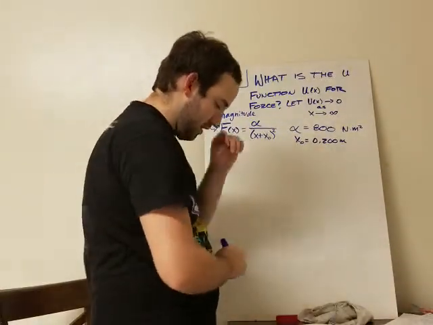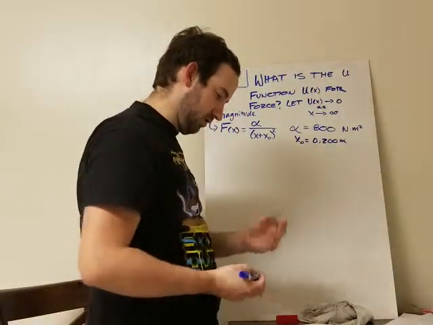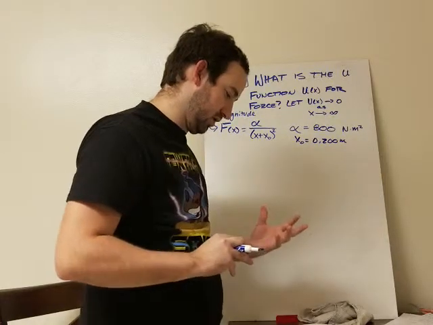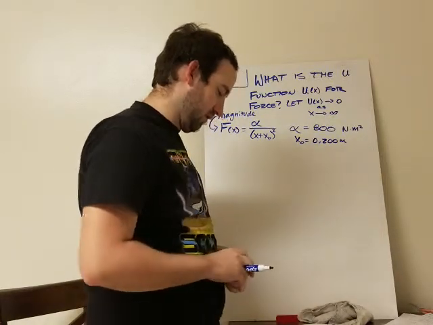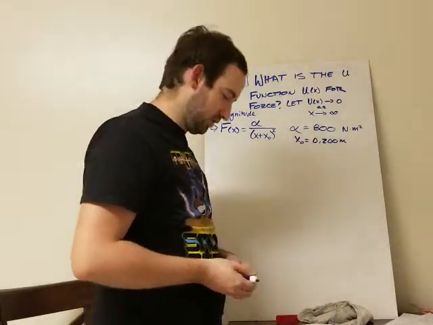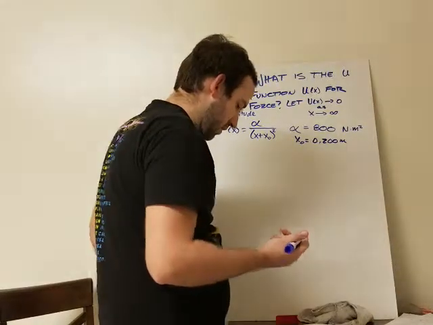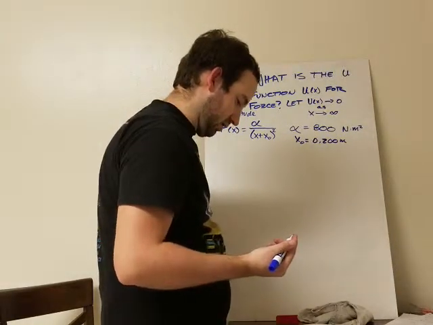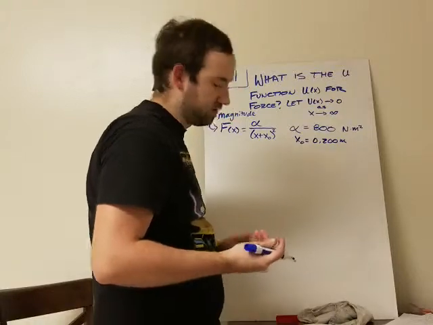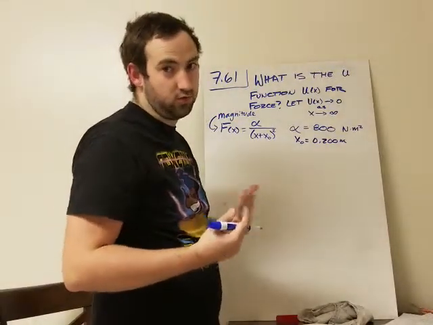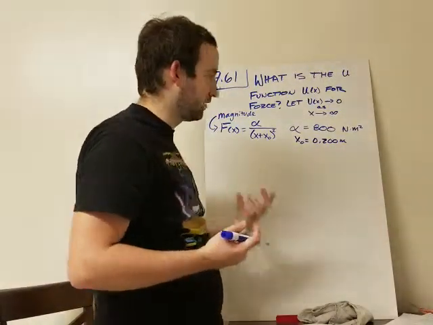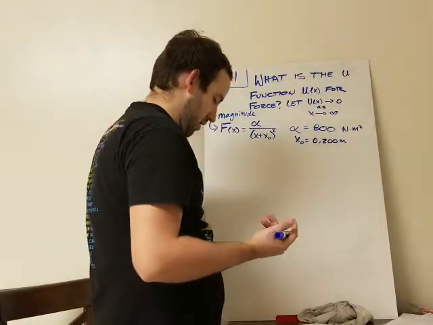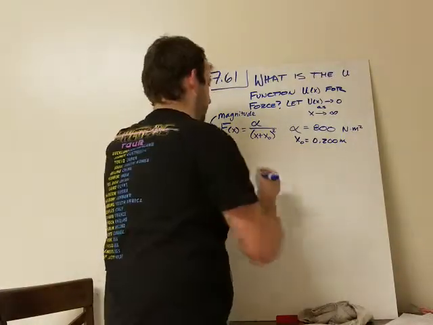Okay, since we're dealing with this movement and everything, let's use energy equations. Since it says it's released from rest, we know it's starting with no velocity, so the kinetic energy at first is going to be 0, but it will have potential energy.